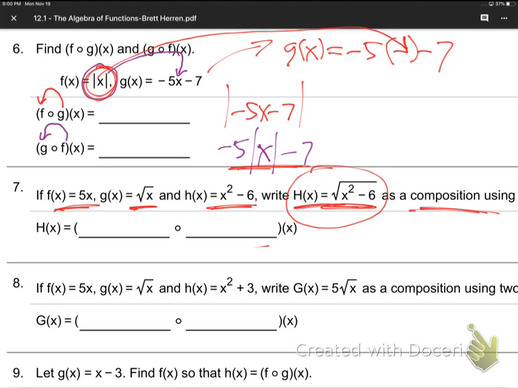So how do we do it? Which function, how do you get square root of x squared minus 6 out of these 3 guys? They put one of them into the other one. Can you tell which? What did they put into what? Who went into whom? H plugged into G, didn't it? Do you see that? That's how they made this new creation over here. That's how they made this musical composition.